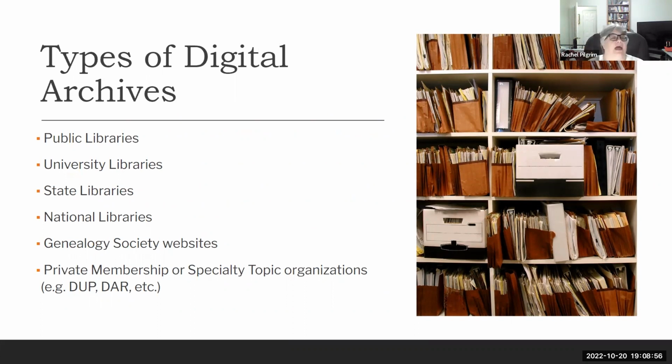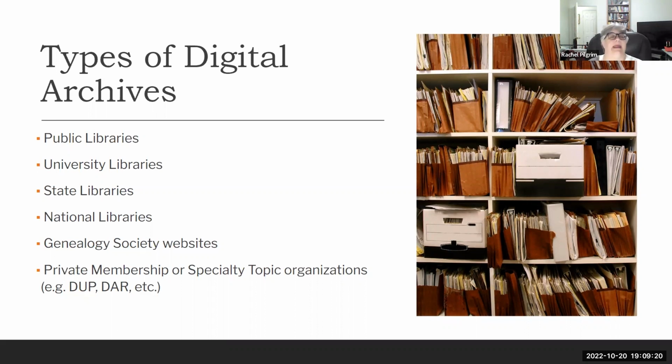So your libraries will often have digital archives, and many of them actually have archives that are specific for genealogy research. So you want to check your public libraries, but not only that, university libraries often have specialized collections of materials that are useful for genealogists and family historians.